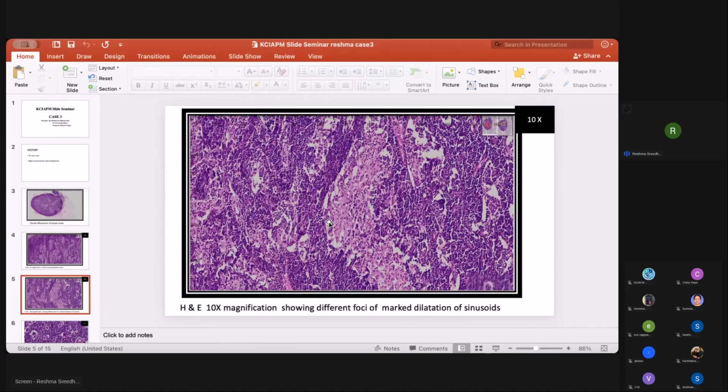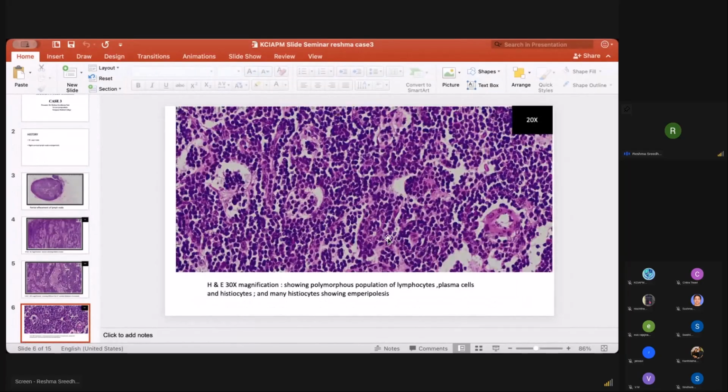And this is 10x magnification showing different foci of marked dilatation of sinusoids. And this is a 20x showing a polymorphous population of lymphocytes, plasma cells, and histiocytes, and many histiocytes showing emperipolysis.